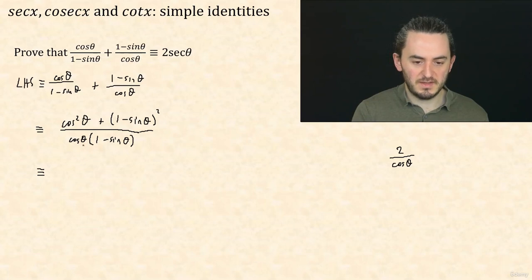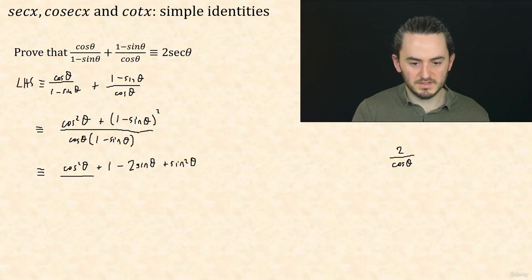Well, if I expand this bracket here, and by the way, there are multiple ways to prove this. So if you spot another way of solving this, that's great too. Cos squared theta, and I'll expand this now, and I'll get 1 minus 2 sine theta plus sine squared theta.